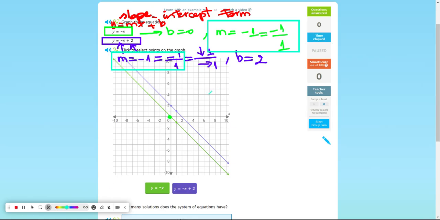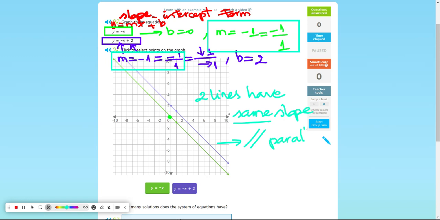Two lines have the same slope, so they are parallel. Therefore they never intersect.